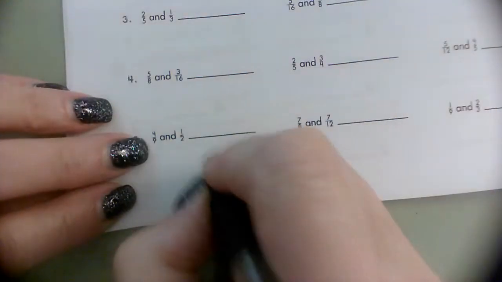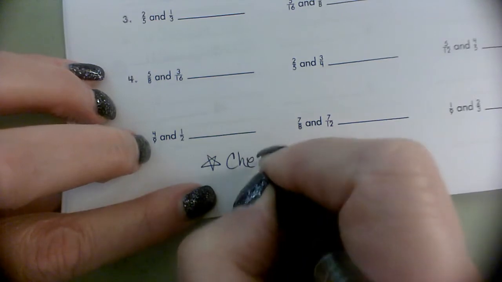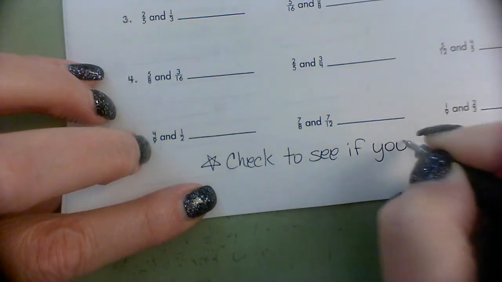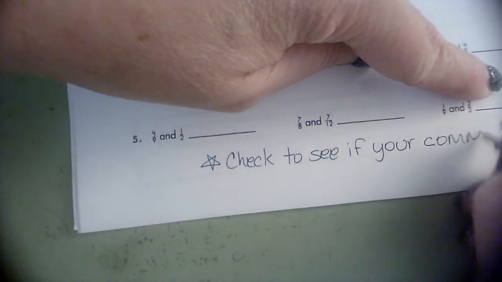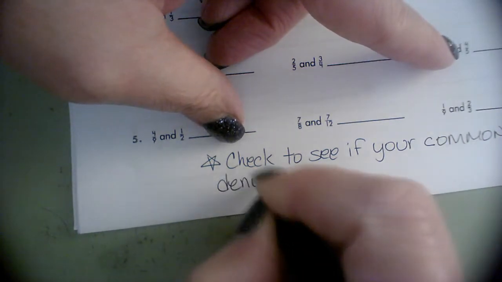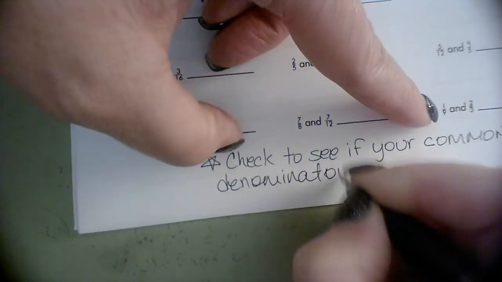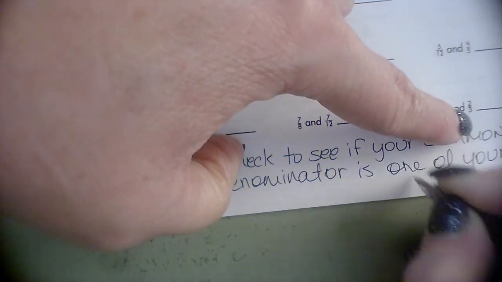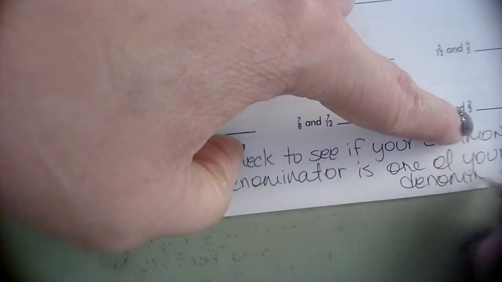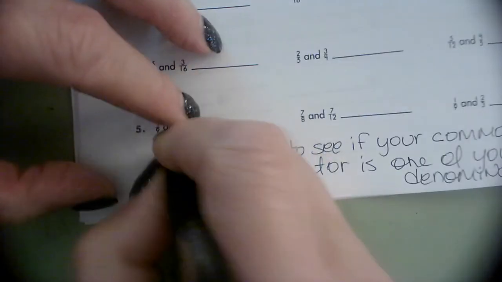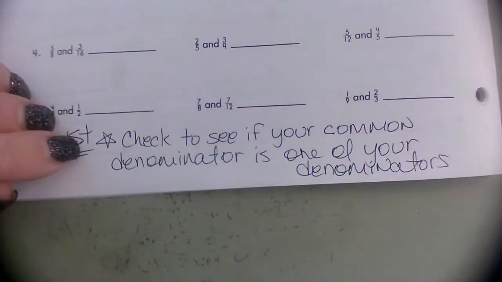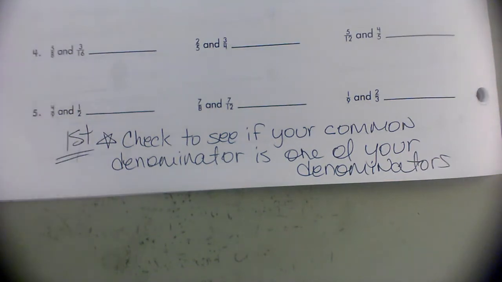Check to see if your common denominator is one of your denominators. That is what you're going to do first. If your common denominator, what you're going to make both of them become, is already there, one of them is already in that form, so why change it?